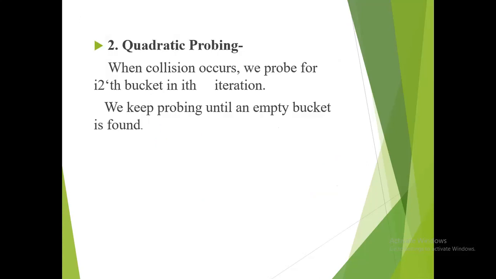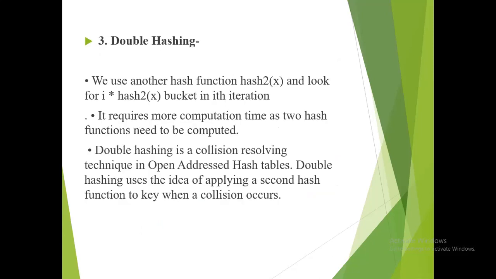Quadratic probing. When a collision occurs, we probe for the i-squared bucket in the i-th iteration. We keep probing until an empty bucket is found. Next, double hashing. We use another hash function, hash2(x), and look for the i times hash2(x) bucket in the i-th iteration.